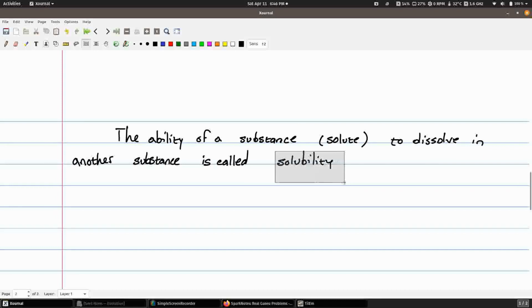So I'm going to recolor that so you know that's the important word.